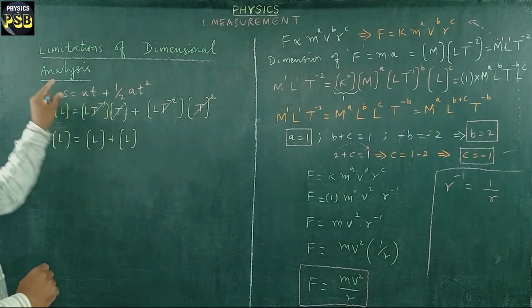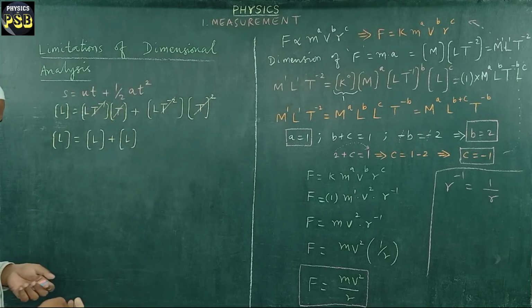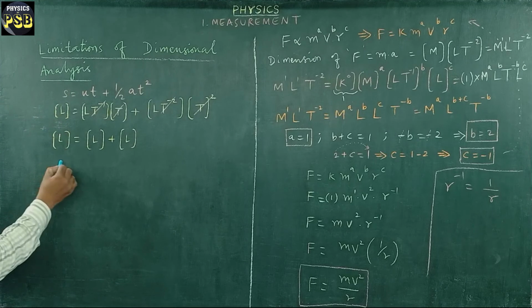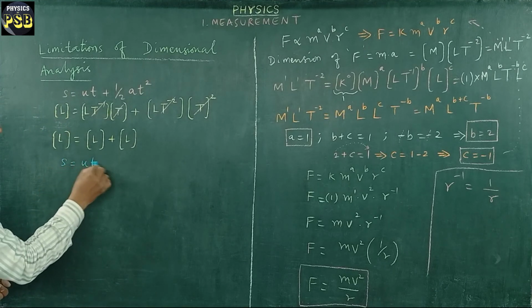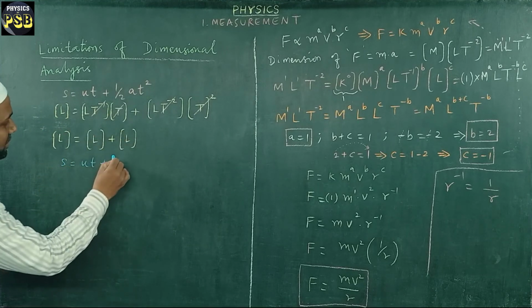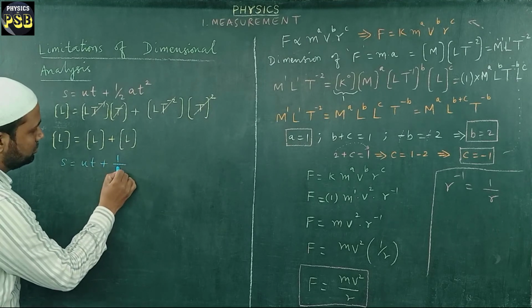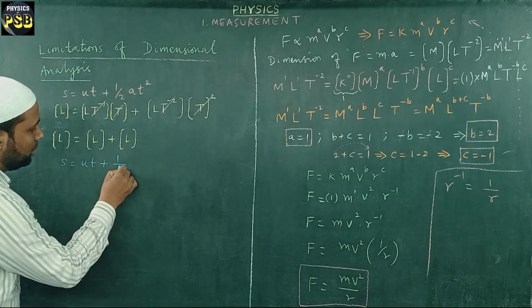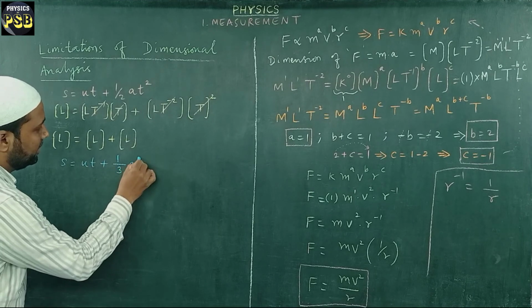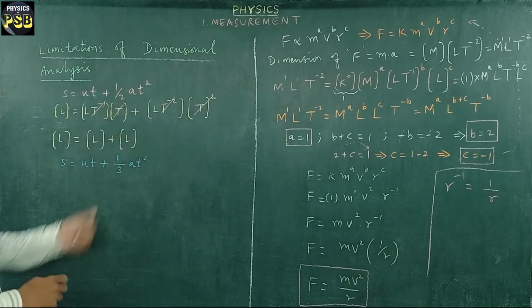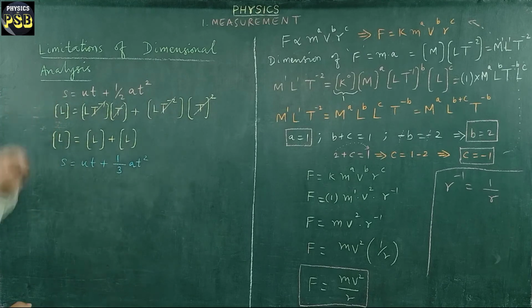Now, slightly modify this equation. I write it like this: s is equal to ut plus, instead of 1 by 2, I write 1 by 3 at square. Now, I apply the same method to check whether it is dimensionally correct or not.